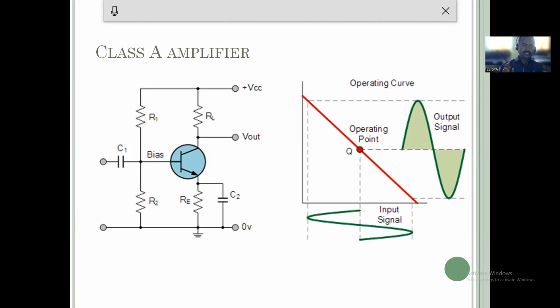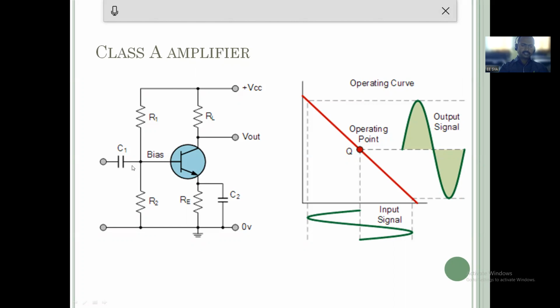So tell me which configuration this is. Right, your emitter terminal is in between your input as well as output, that's why it is a common emitter configuration, right? So in case of a class A amplifier, we have to use the common emitter configuration.